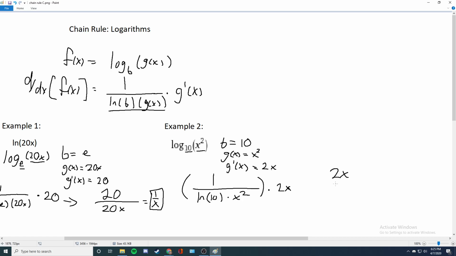We can put that 2x up top, just like we did with the last problem. So we end up with 2x over the natural log of 10 times x squared. And now since there's an x on top and an x squared on bottom, we'll cancel that x and make this x to the first down here. So we end up with 2 over the natural log of 10 times x. And this is our final answer here.